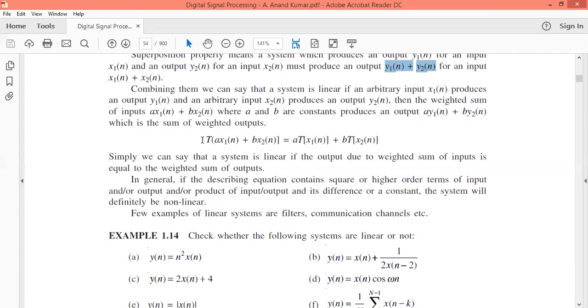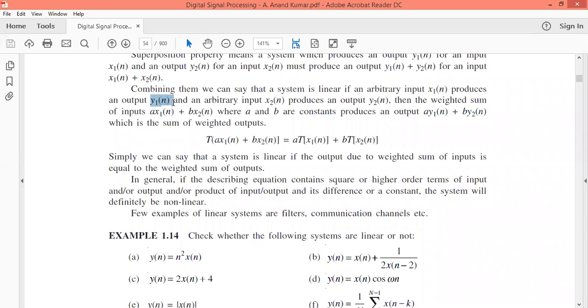Then what we have to do? If we apply the input as a x1 plus b x2, then what should be the output? The output should be a y1 plus b y2. Then the system is said to be linear. If this condition is not satisfied, then we say that the system is non-linear. So how do we check this? The first condition: wherever you have x, replace x with x1 and write the output as y1.